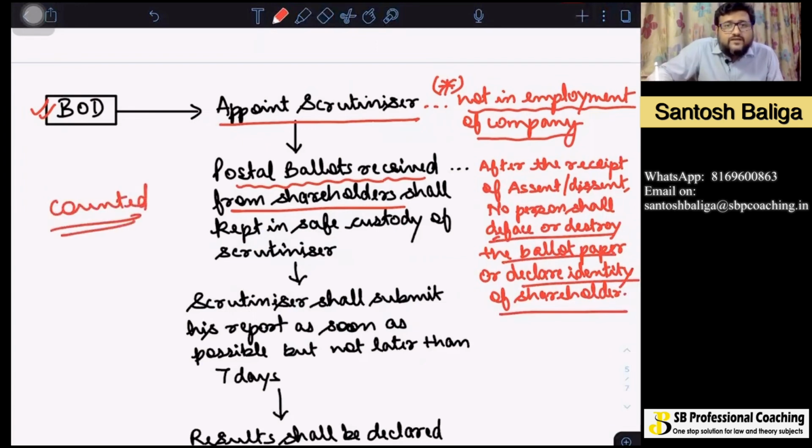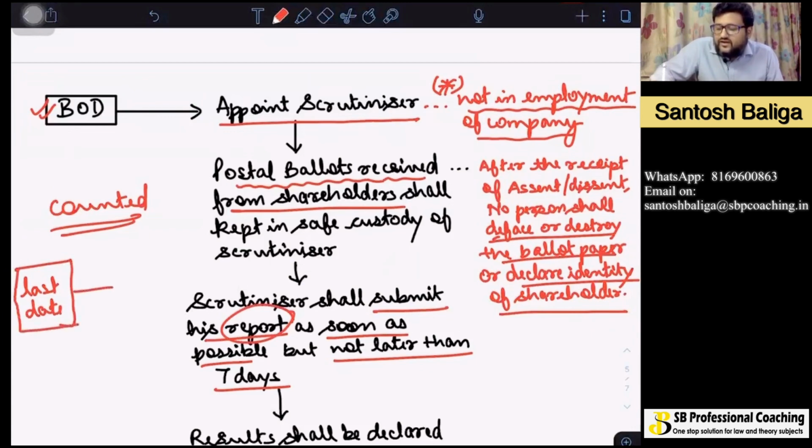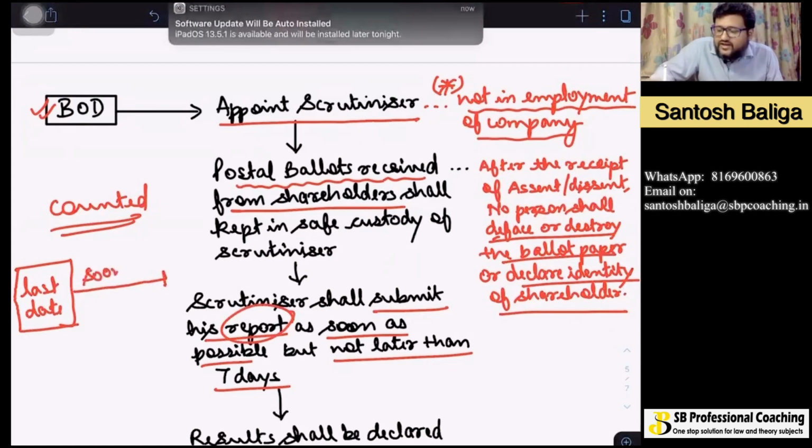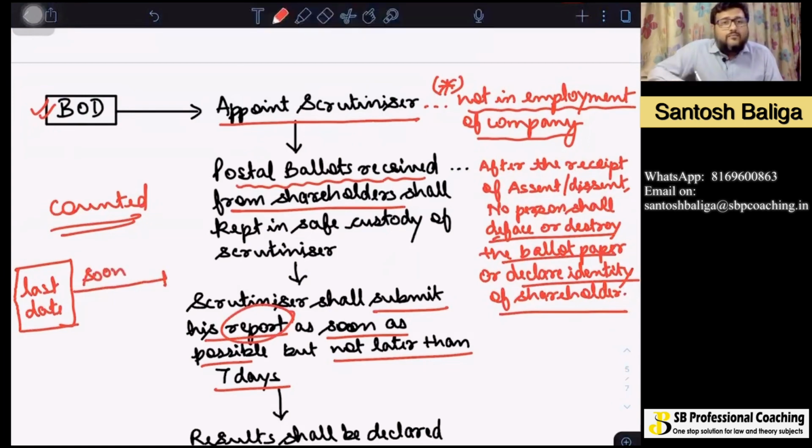Now, once the postal ballots are received and counted, the scrutinizer shall submit his report as soon as possible, but not later than 7 days. So if the last date of receipt was on a particular date, then the report shall be provided as soon as possible, but not later than 7 days.